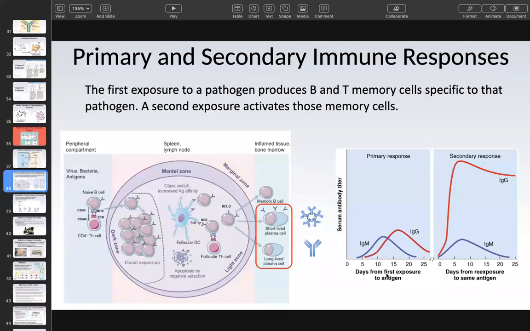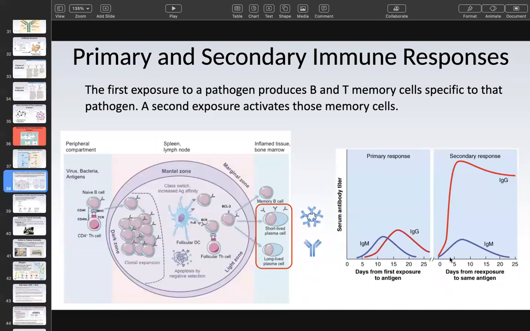I want to highlight these sets of diagrams, these graphs here, because they say a lot. In the primary response, IgM class of antibodies is what will be seen first, followed shortly by the IgG antibody class.